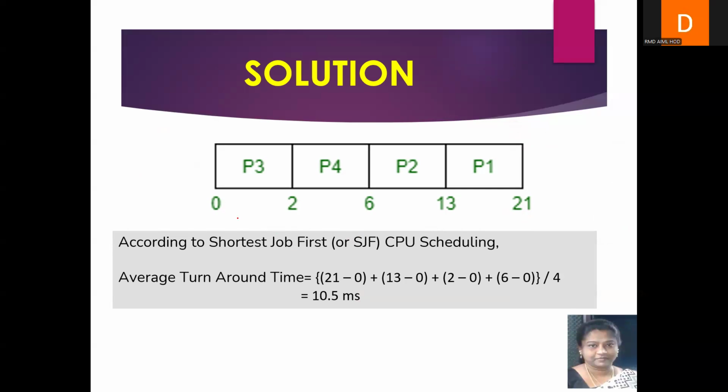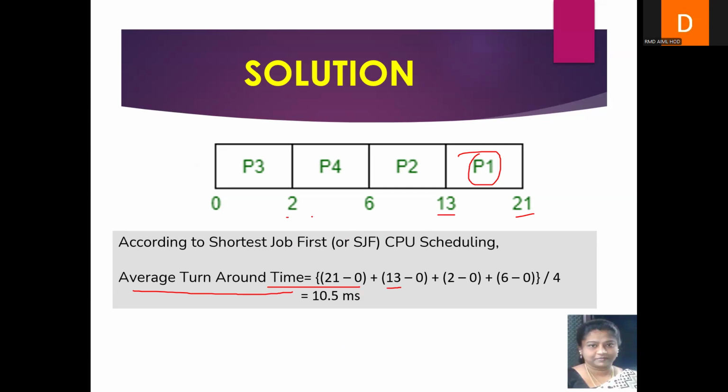Now, let's compute the average turnaround time from the Gantt chart. Now, the turnaround time of P1 is 21. Arrival time is 0, so we need not subtract it. It's actually 21 minus 0, right? Because arrival time is 0. P2 completes at 13. So, 21 plus 13.